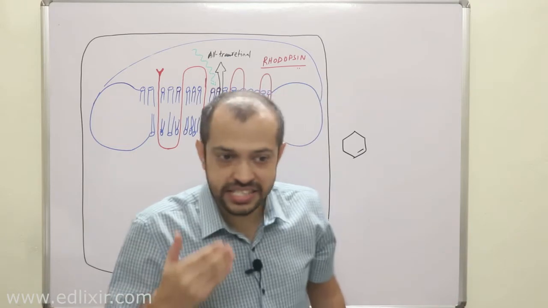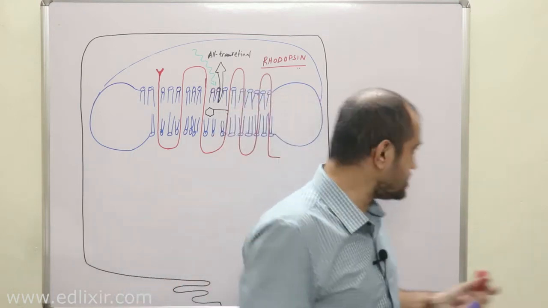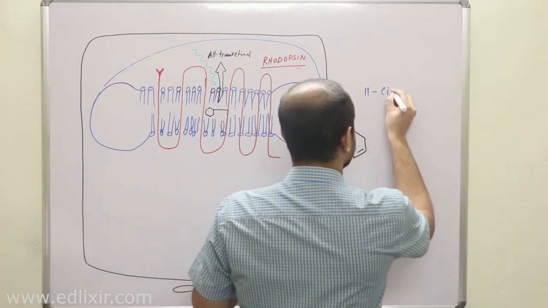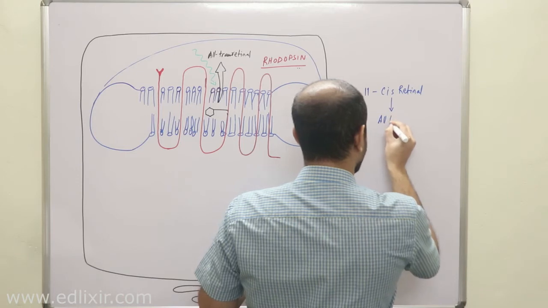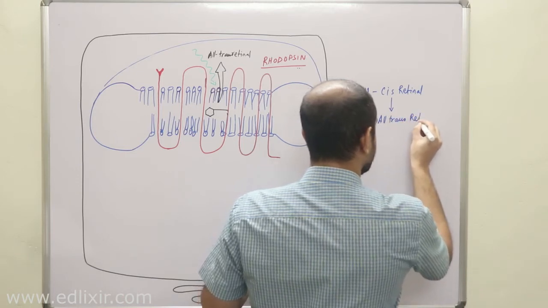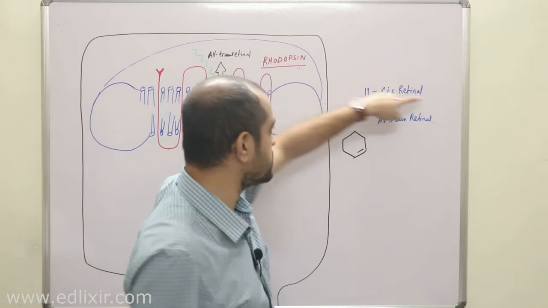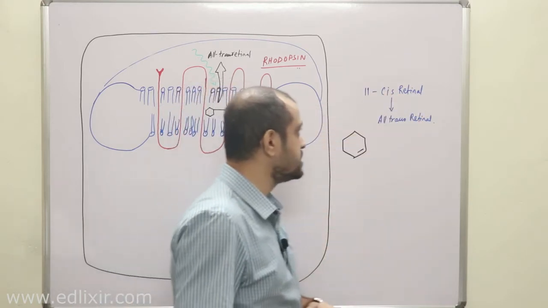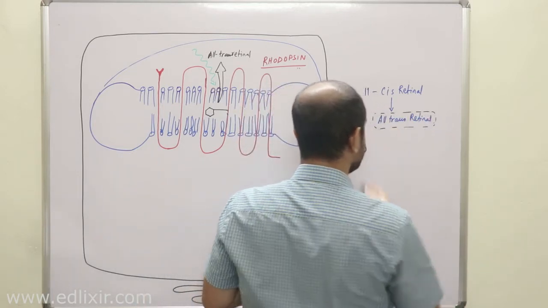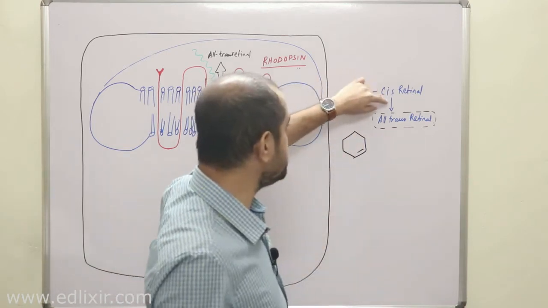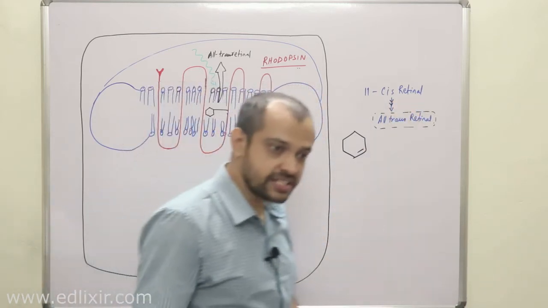Now listen, during these stages of change from 11-cis retinal to all trans retinal, when the conversion of 11-cis retinal into all trans retinal takes place, a very interesting part you need to understand is this: all trans retinal cannot be associated with opsin, but all the intermediate structures of 11-cis retinal are always attached to the opsin molecule.